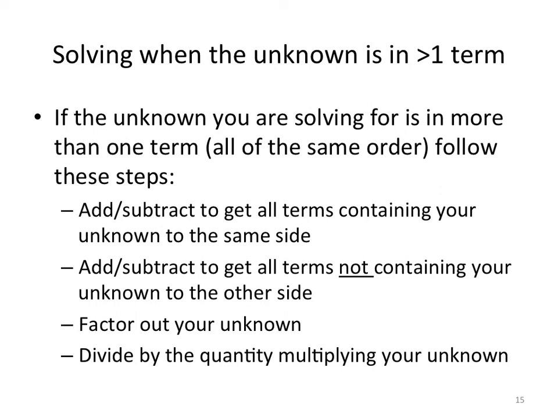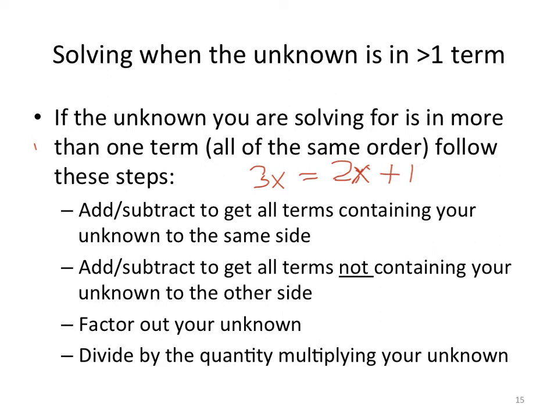For example, let's just do something like this: 3x equals 2x. Doggone it. My stylus is not working very well today. Plus 1. All right. Well, if you want to solve for x, you want to get this 2x and 3x over there together. All right.